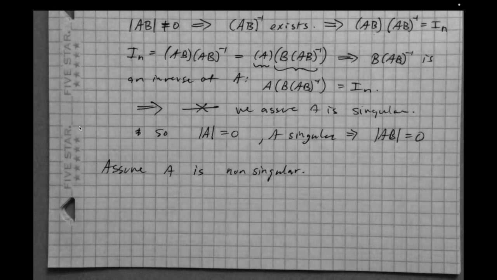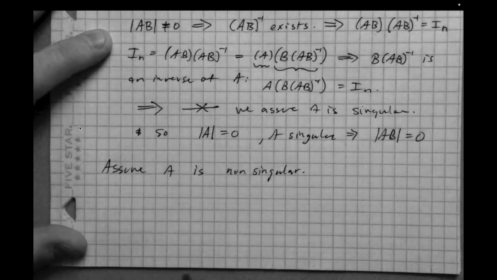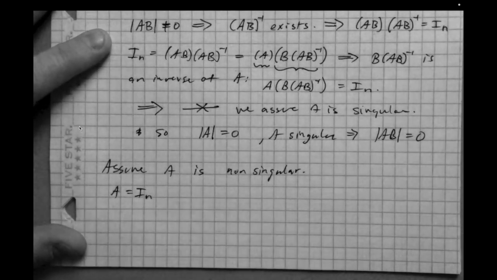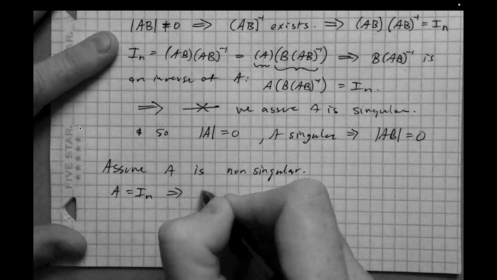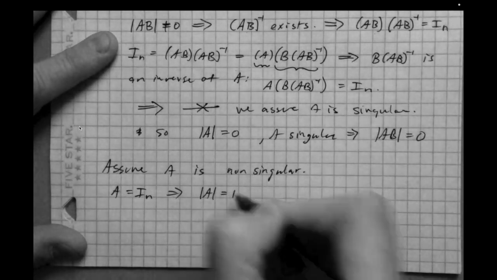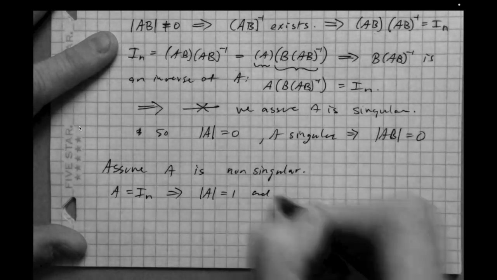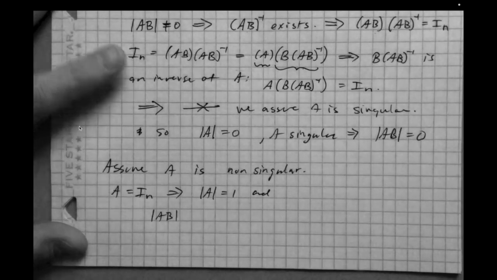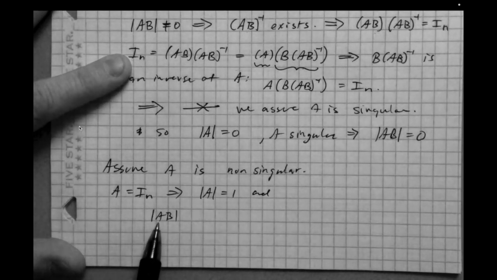And then there's a subcase here that we can get rid of really quickly. So let's consider the case where A is the identity matrix. All right, so A equals I_N. That implies that the determinant is 1, and we can quickly show, right? Say we start with the determinant of AB.